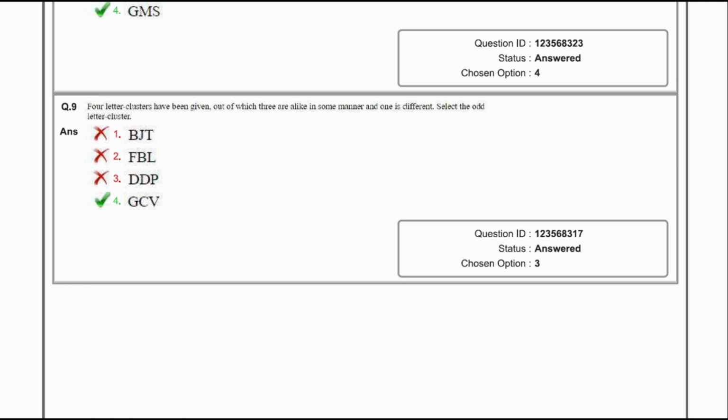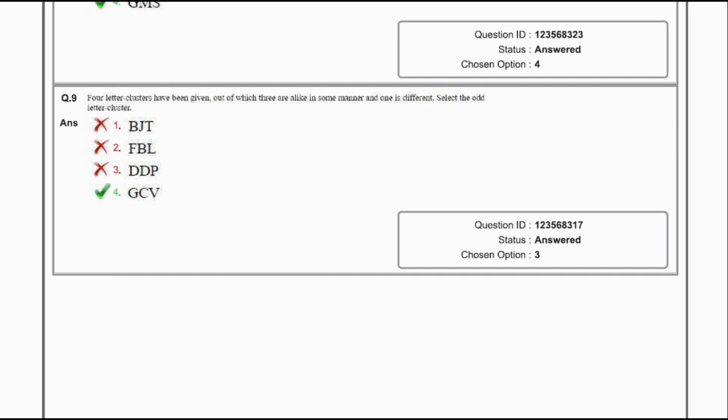So BJT, B, C, D, E, F, G, H, I, J. So there will be some character missing. So you notice a sequence was followed. So the fourth option, GCB, is the correct option in this question.